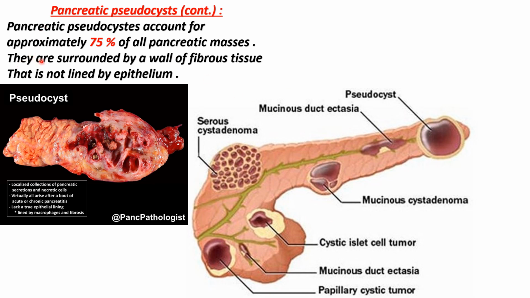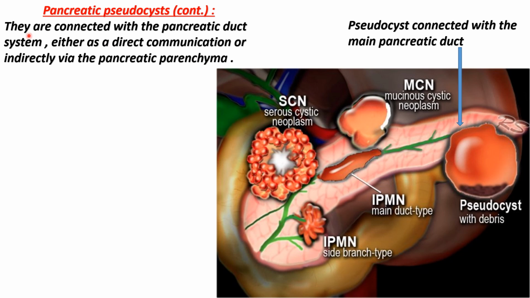Pancreatic pseudocysts are surrounded by a wall of fibrous tissue that is not lined by epithelium. Pancreatic pseudocysts are connected with the pancreatic duct system, either as a direct communication or indirectly via the pancreatic parenchyma.